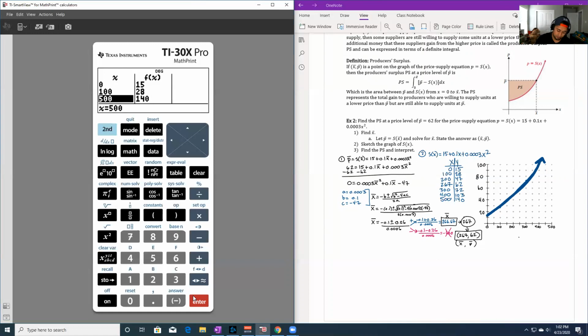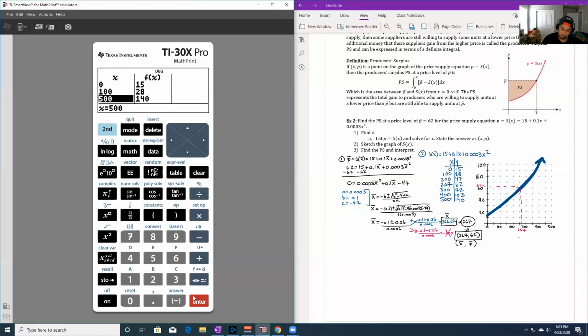Okay. So here at 267, and 62, we get our X bar P bar right there.